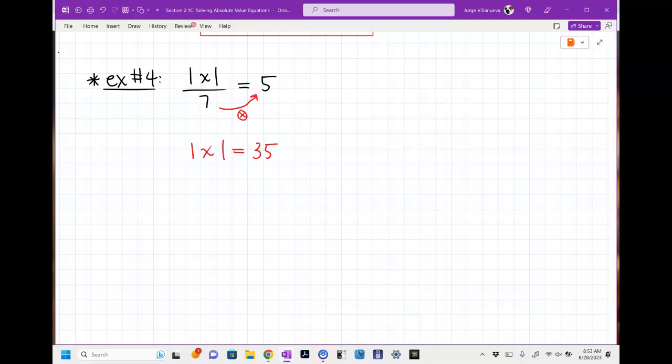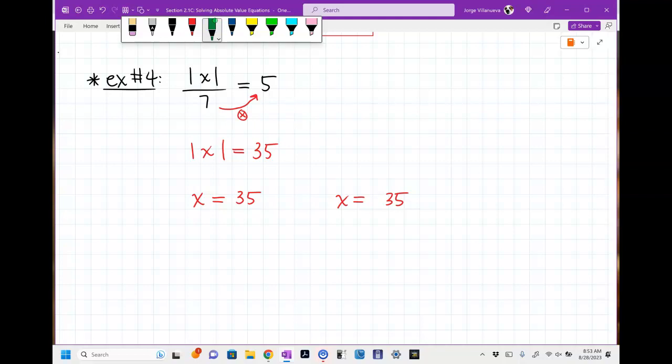I multiplied both sides by 7, but I don't like writing it that way. I just draw an arrow and say I'm sending this over here by multiplying. Okay? All right, now let's break it up into two parts. X equals 35. X equals negative 35. And is there anything else I can do at this point?